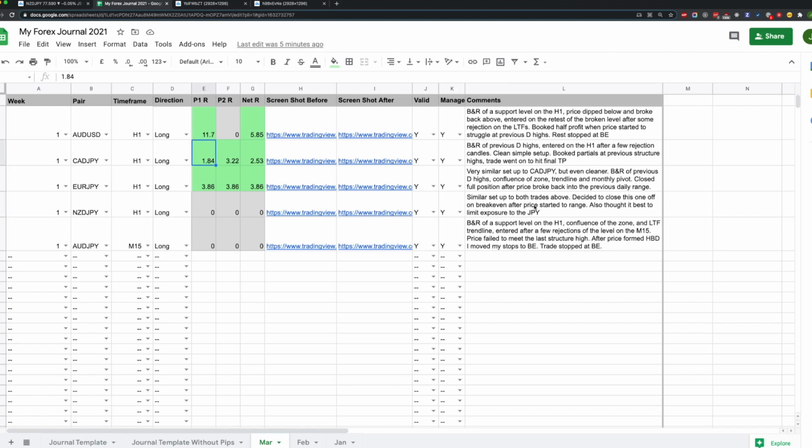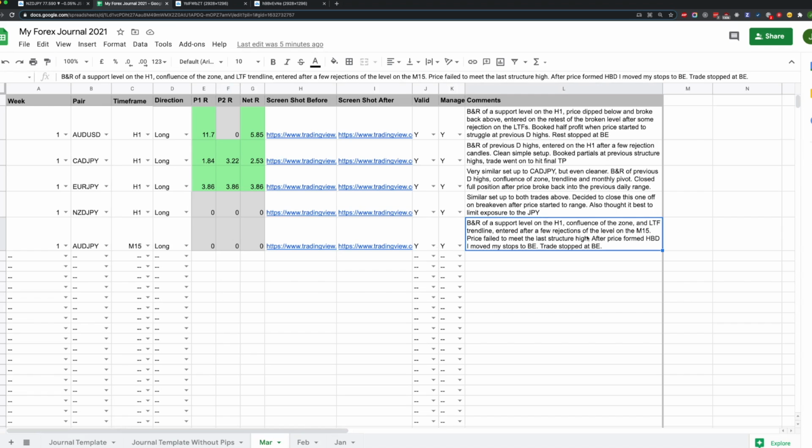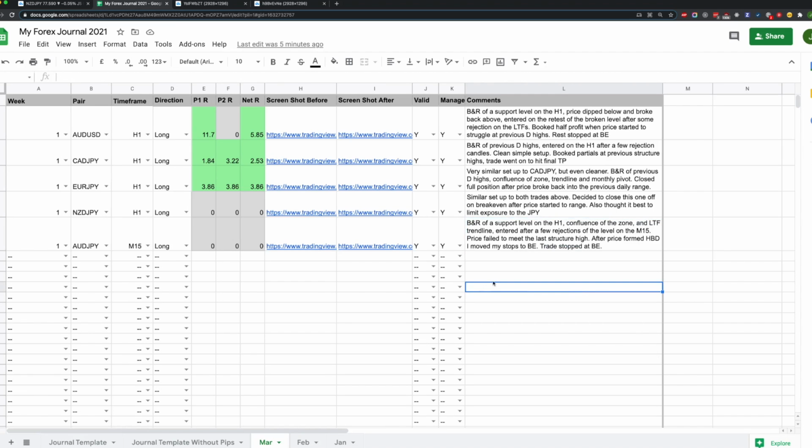After I made the decision not to overexpose myself to JPY, and closed some profits on CADJPY, I decided it was okay to take another JPY position because this position met my trading rules. So I thought it was okay to enter. It was a break and retest of a support level on the H1, with confluence of the zone and a lower time frame trend line.